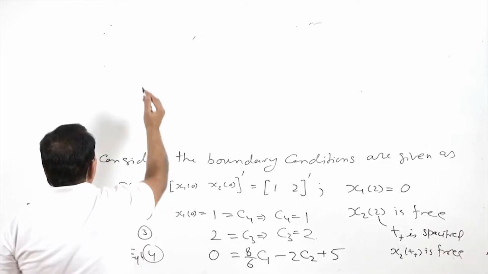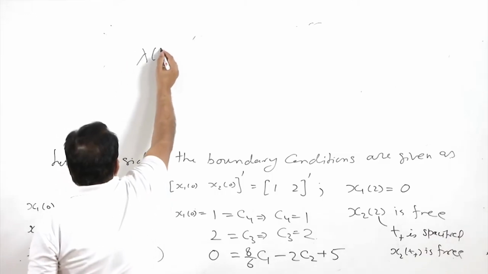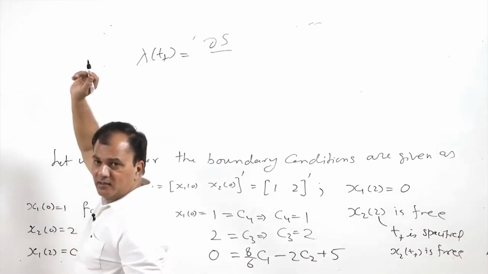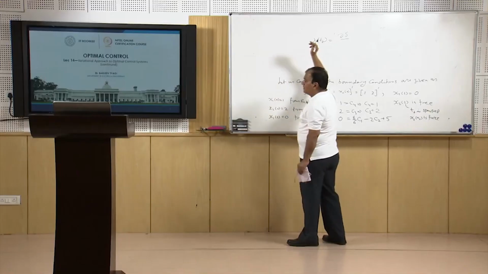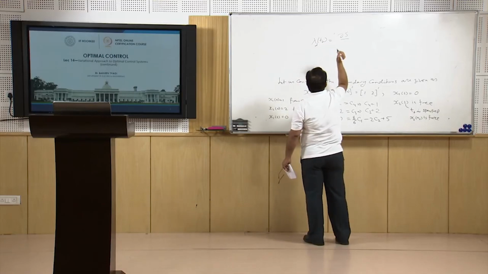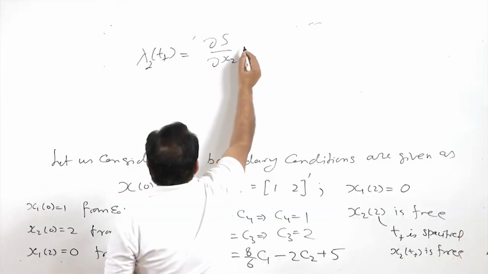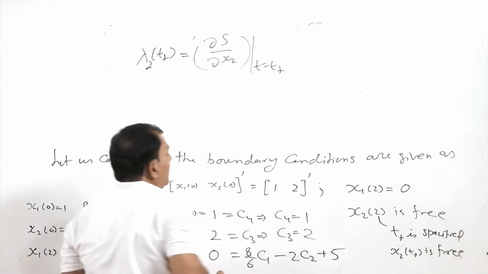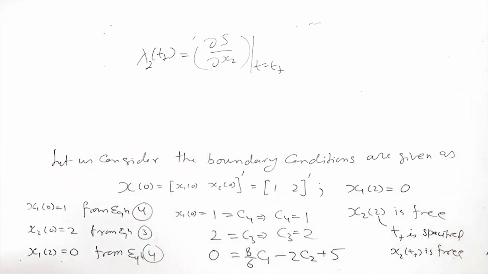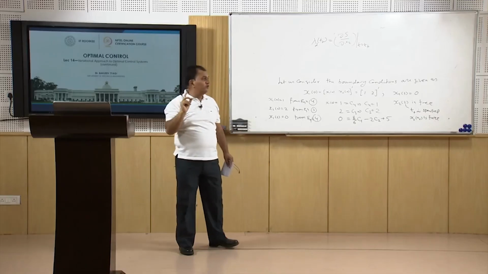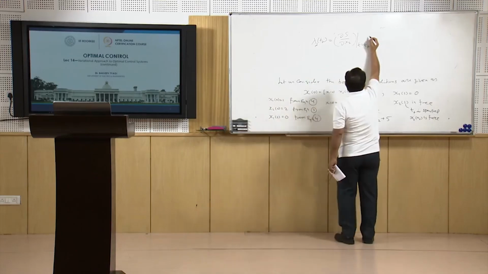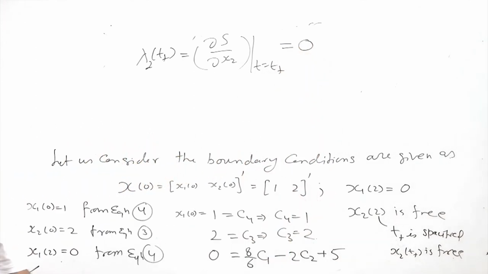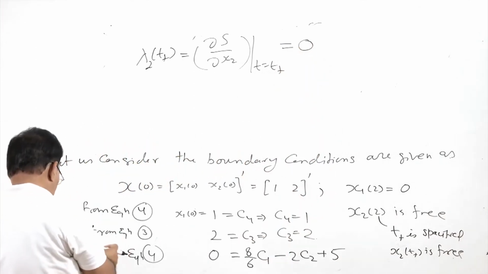So, I can write lambda2(Tf) as del S by del x2 at t equal to Tf. As you can see, we have considered the S to be 0. So, this will give me equal to 0. So, my lambda2(Tf) is 0.